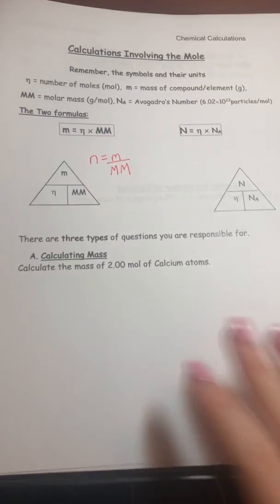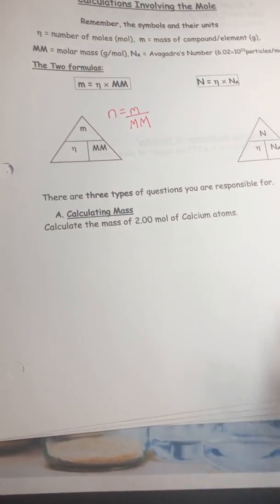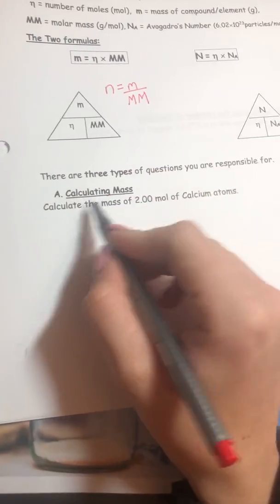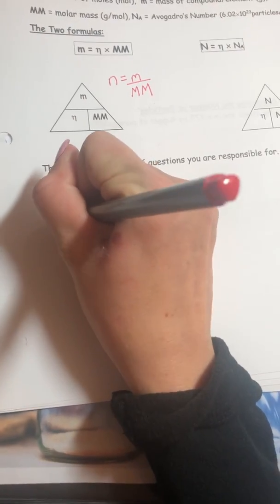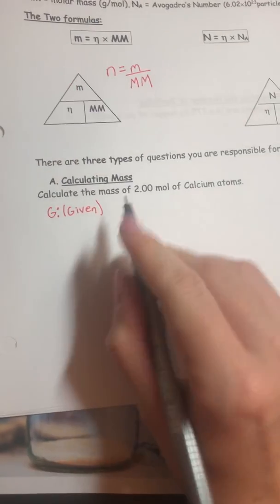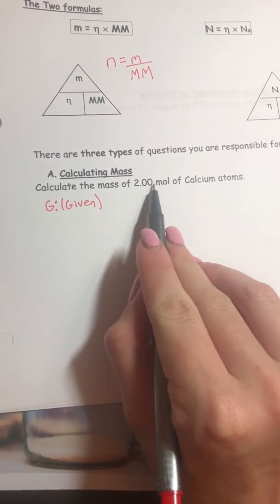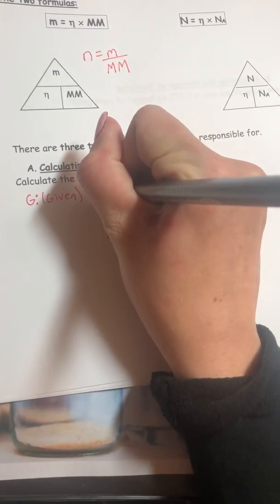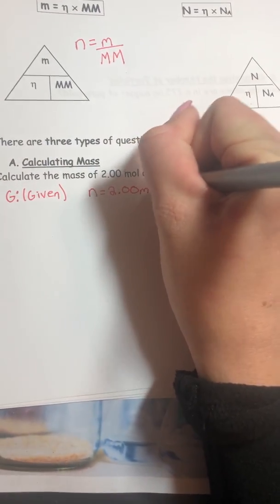So let's try using that for calculating the mass down here. We're going to use the GRESS method. The first thing is G, and that's for what's given. We have 2.00 moles, so my n is equal to 2.00 moles.